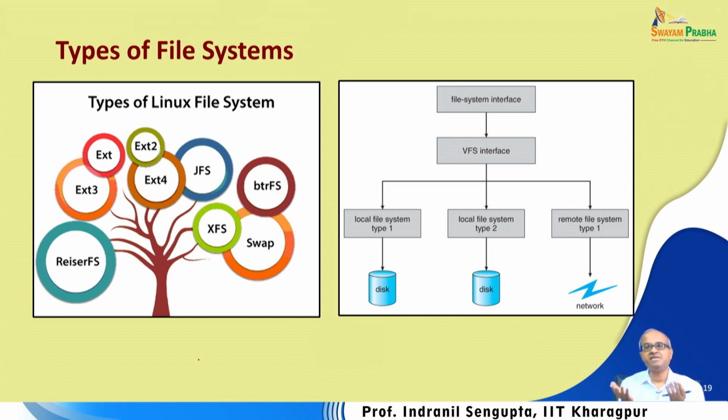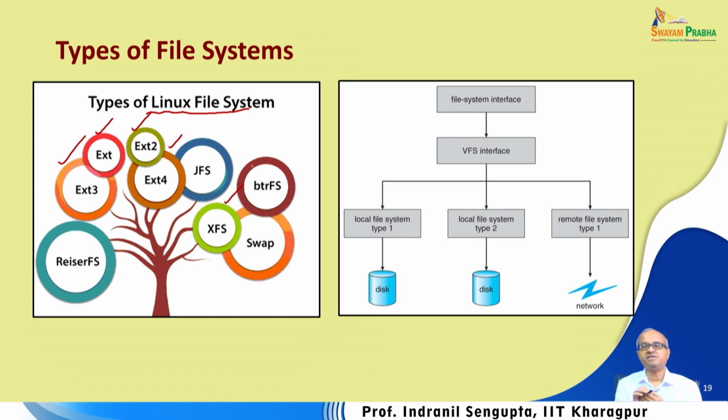That data structure is somewhat different from one file system to another. Now, typically under Linux, there are so many different file systems which are available. So, you can see all of them: ext, ext2, ext4, ext3, xfs, many different file systems are available. Even some files which you create under Windows, you can see that they are created using NTFS or some other kind of file systems. So, there can be other file systems also.